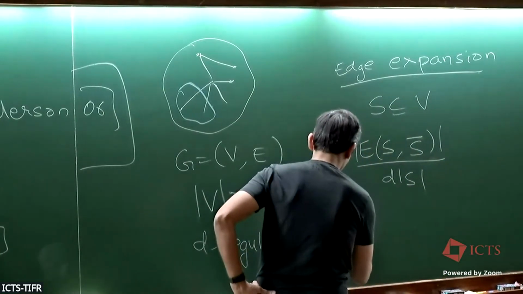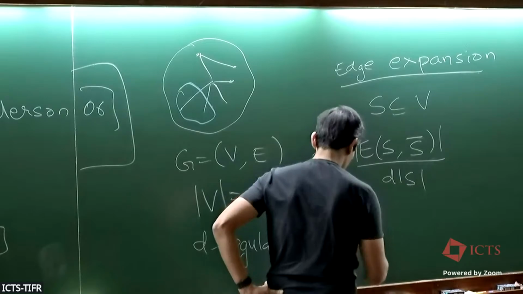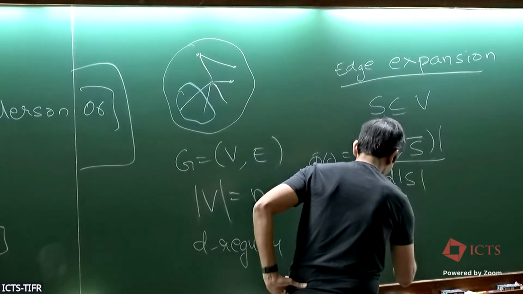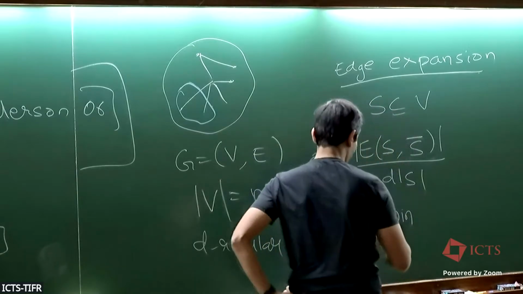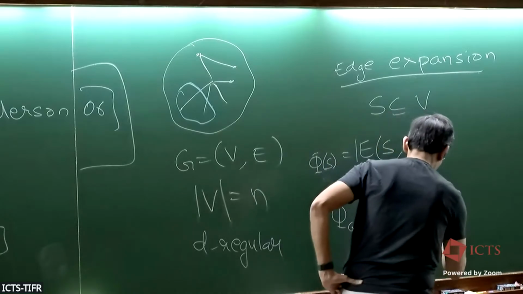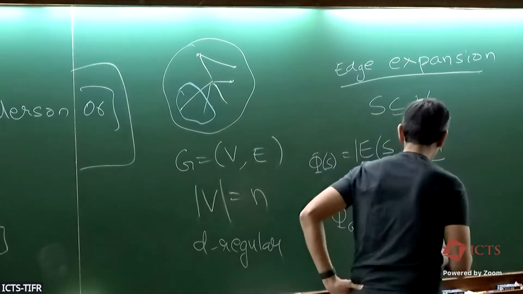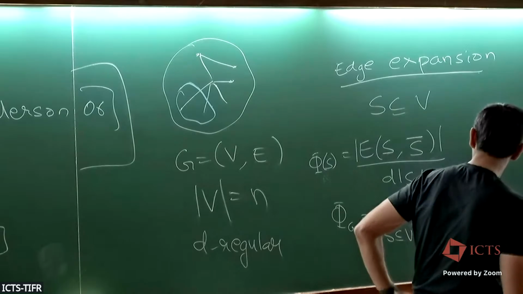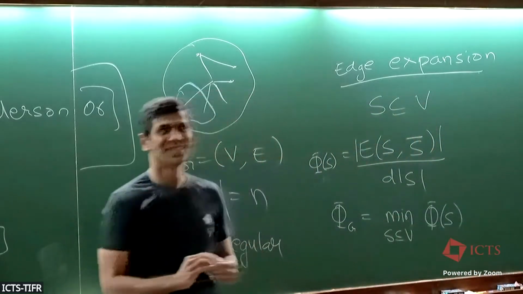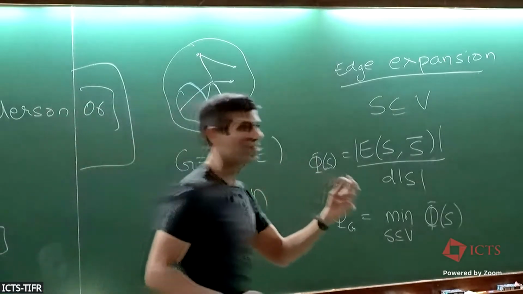And the expansion of the graph is defined as, okay, let's start with this: the minimum of this over all subsets S. Is this an okay definition? Sorry?